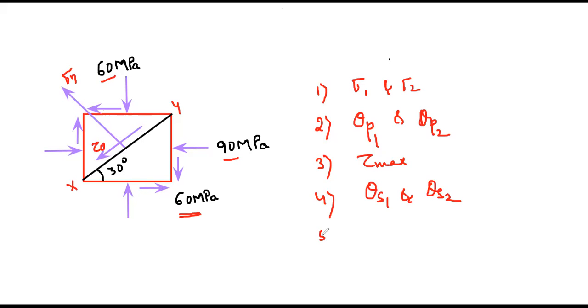I need to determine the normal stress on this plane inclined at angle theta, and I need to determine this tau theta, the shear stress on this plane. If you calculate with the help of the analytical method, we'll get these answers. So you can note down these values.